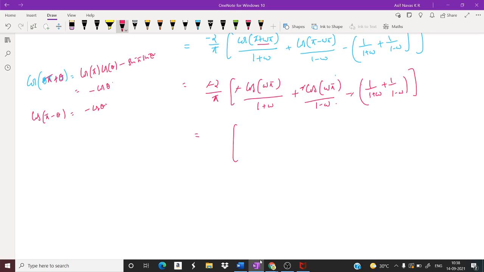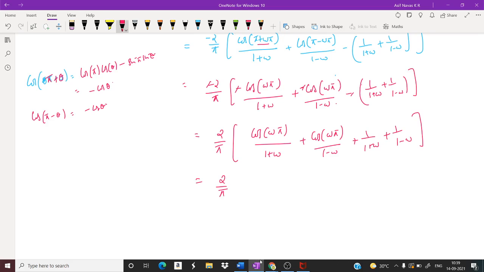So I will get 2 by pi, cos omega pi plus 1 divided by 1 plus omega, plus cos omega pi plus 1 divided by 1 minus omega.